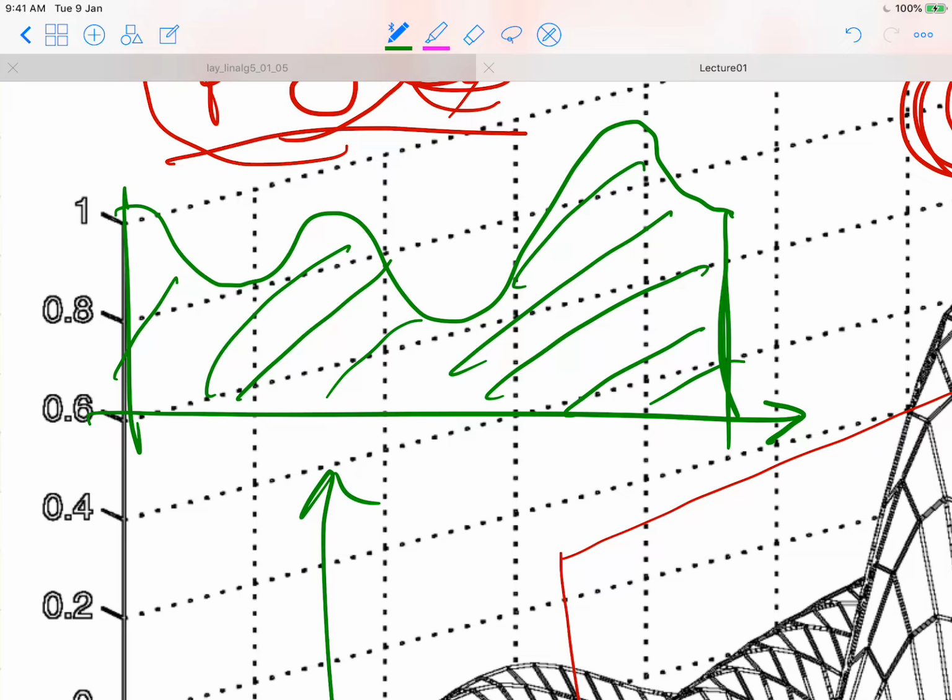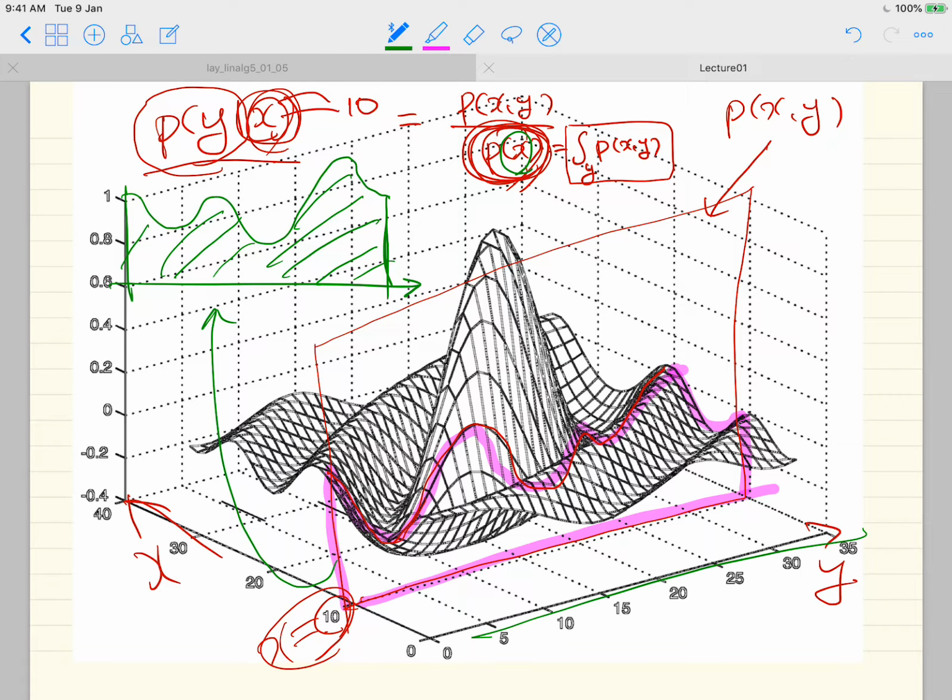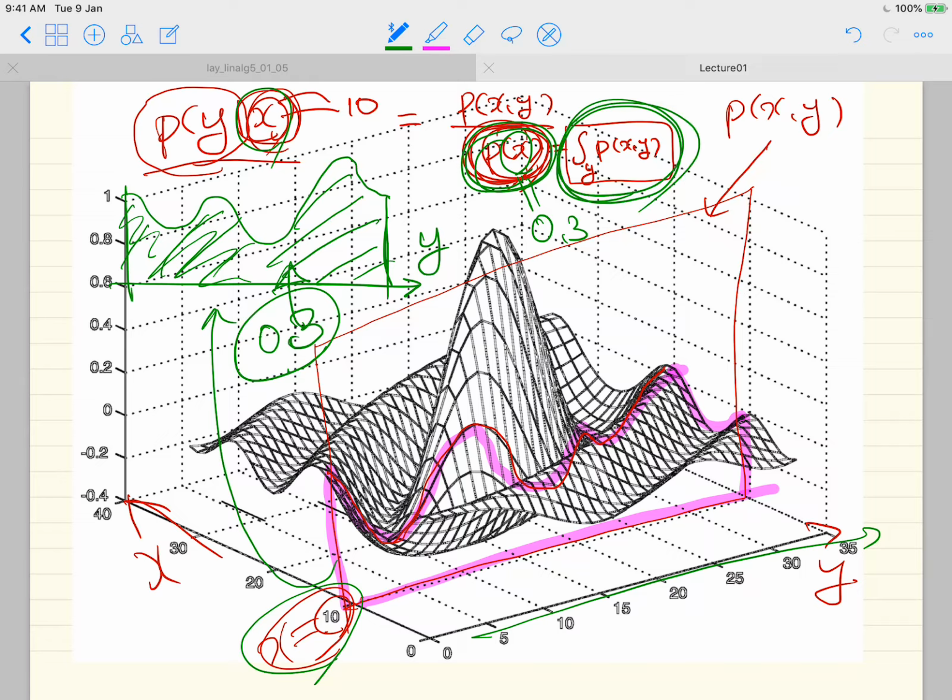So, bring this into the sectional image. And what is this axis? Of course, this axis is y, right? When x is fixed as 10, this area is not that high. This area is only like 0.3, and the integral is actually corresponding to this area.